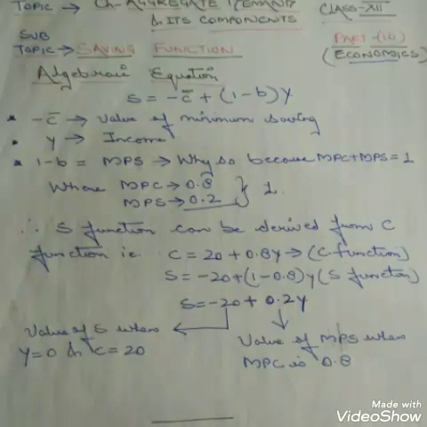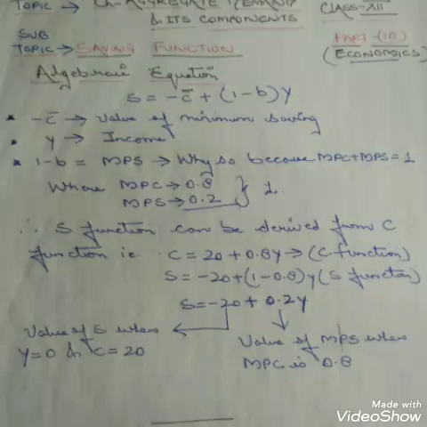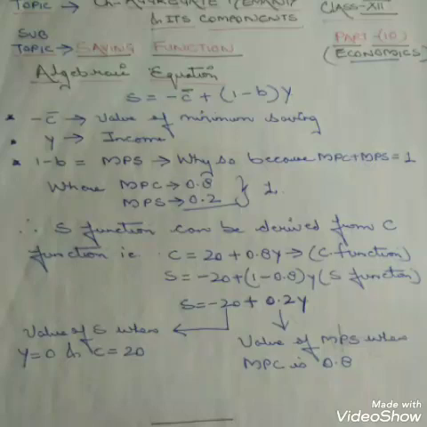That means the S function is called a linear saving function, as it suggests that every time there is a rise in Y, a constant proportion of it is converted into S. That is, the saving function is linear, and MPS, as we did in the previous video, was 0.2. That means every time there is a rise in income, 20% of it is saved.